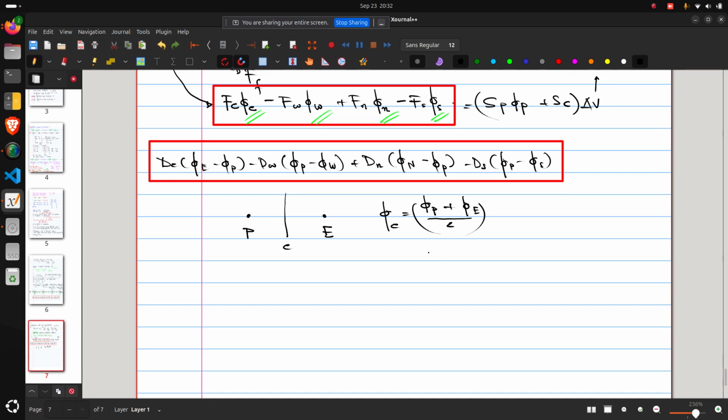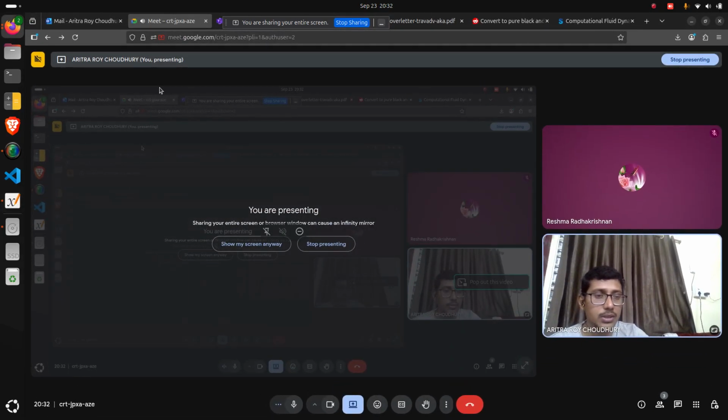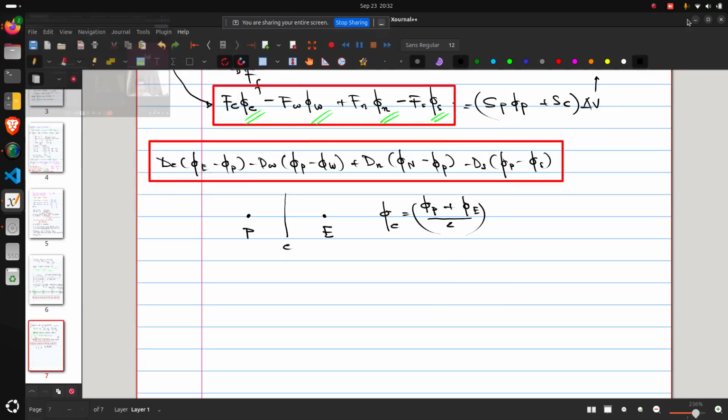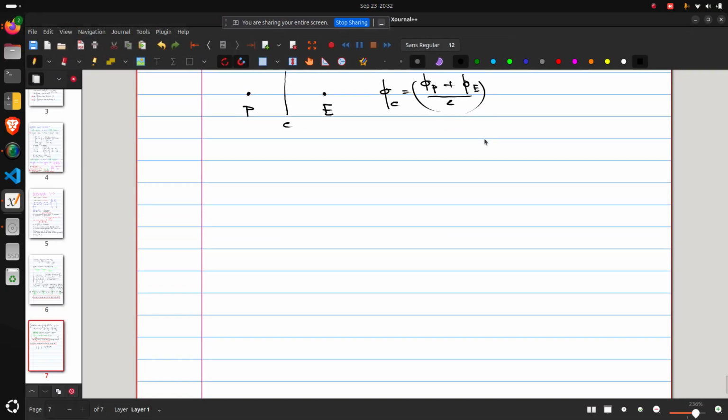All right. So in this way we can denote the phase center values in terms of cell center values. Okay. So till now, any question? I hope it is clear to you. Thank you.